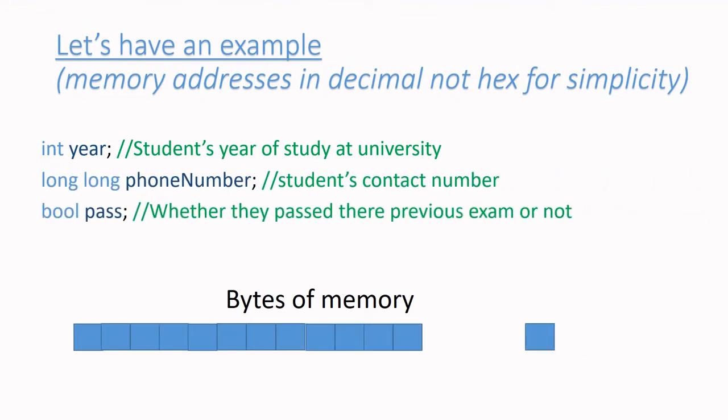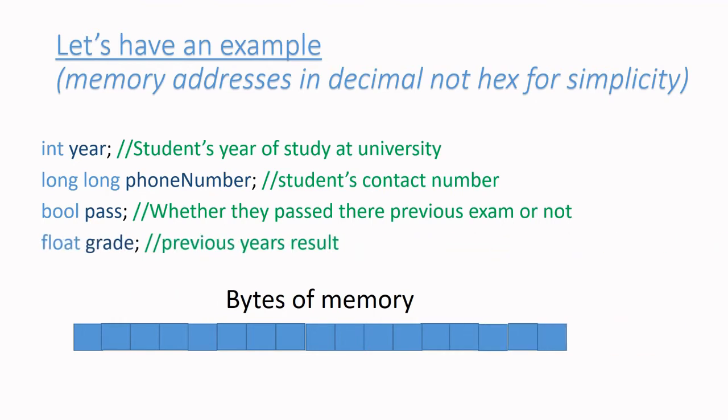Now that we understand computer memory, the concept of a variable having an address becomes fairly straightforward. So a variable address simply is the name of the first byte a variable occupies. So using the grade as an example, we get the year will take the address 11, phone number will take the address 15, the boolean value would take the address 23, and the grade will take the address 24.